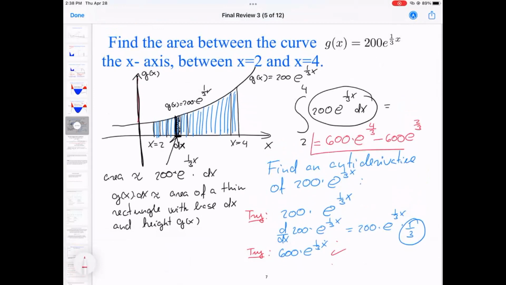And this is the value of this integral. This is the area. Once you put it in your calculator, it's going to give you a decimal. So that's how you can calculate integrals using antiderivatives.